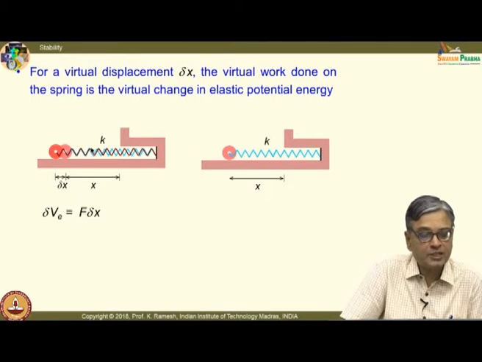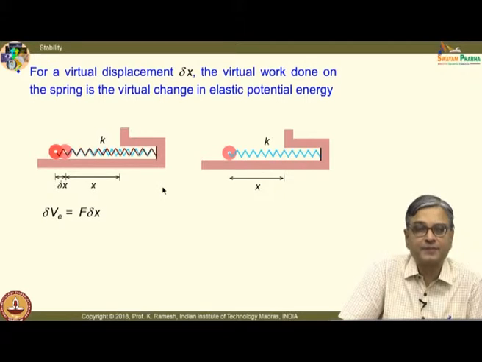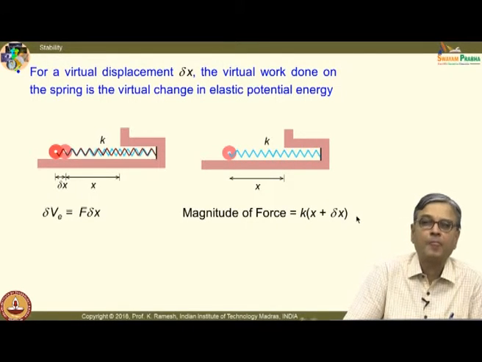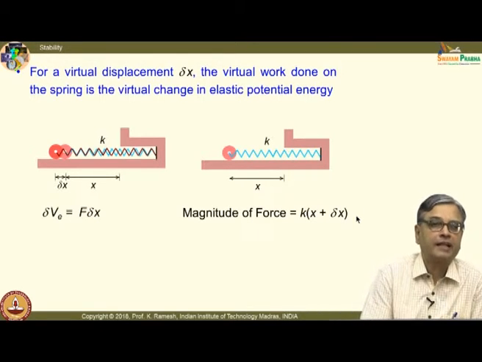And we have seen for a spring, force is proportional to the displacement. Now, how do I express this force? Can I say this force is K into x plus delta x? Can I afford to say it like this? We have to be very careful.